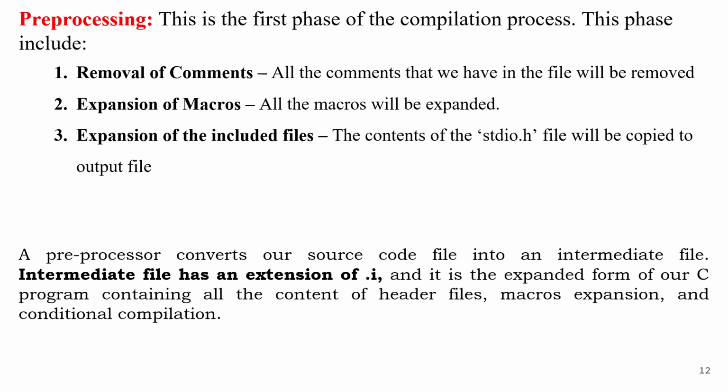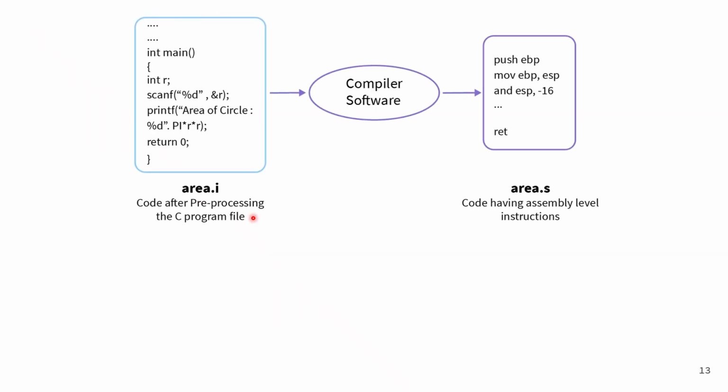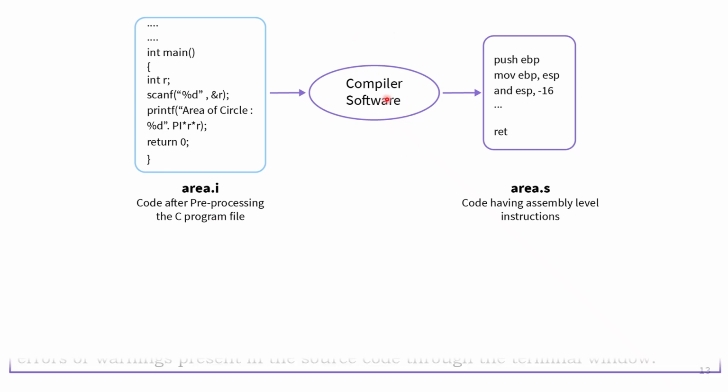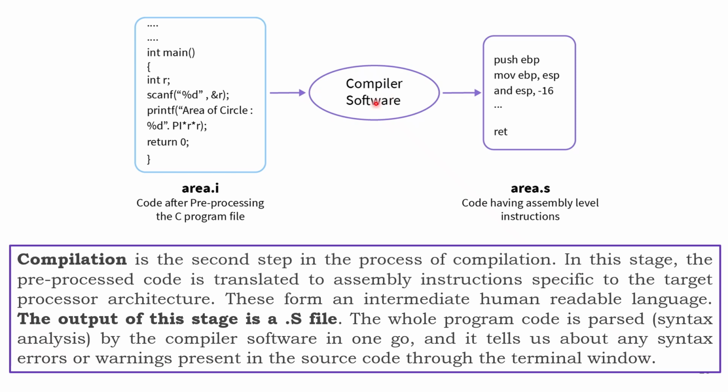The next step, this expanded code is then submitted to the compiler. The compiler is responsible for generating an intermediate code which you call an assembly code. These assembly instructions are specific to the target processor architecture, because we know that every processor has a different way of working.